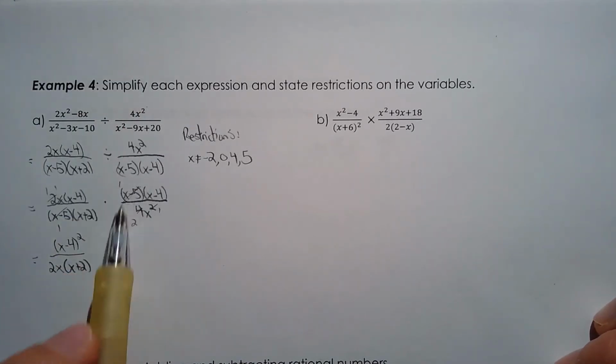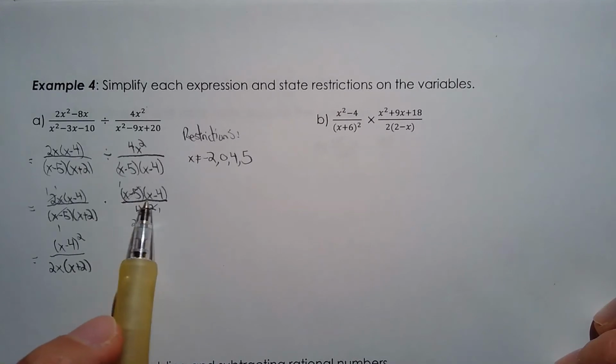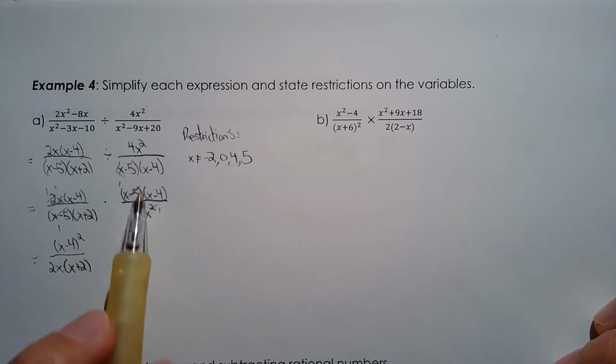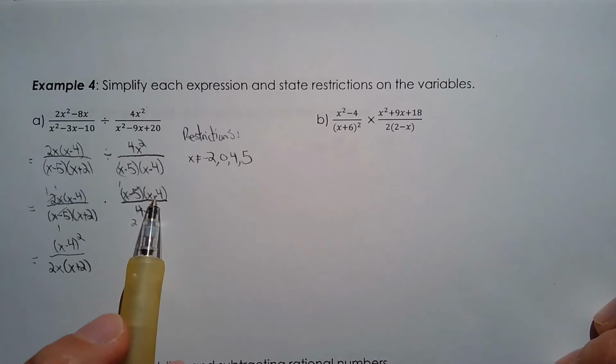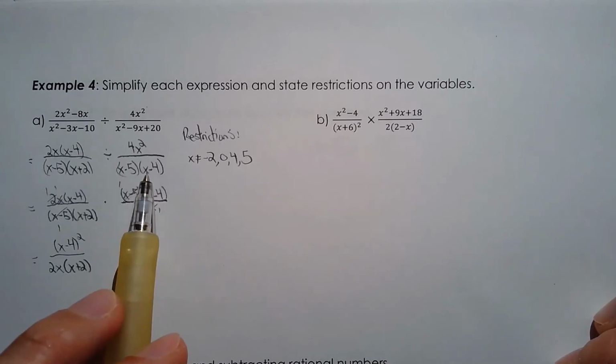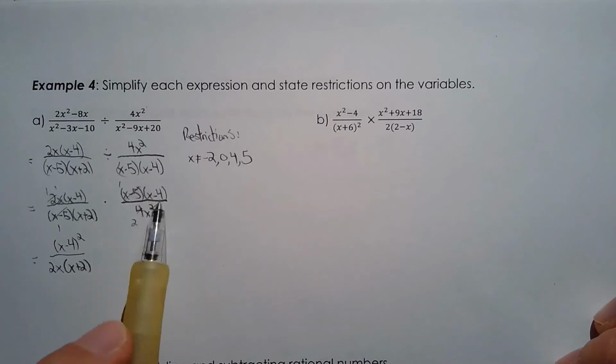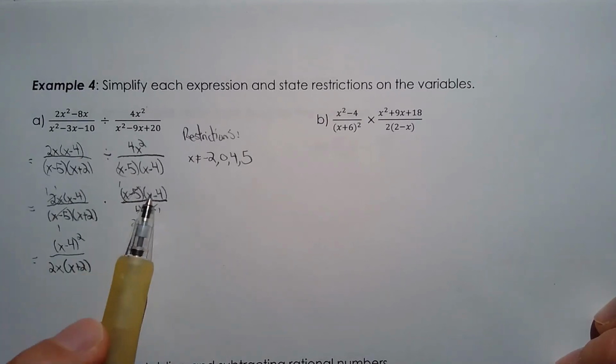Okay, you'll never know because you never saw it in the denominator when it was factored. So if you take the reciprocal right away, you may miss the restriction of 4 because you don't think about looking in the numerator when you're stating restrictions.